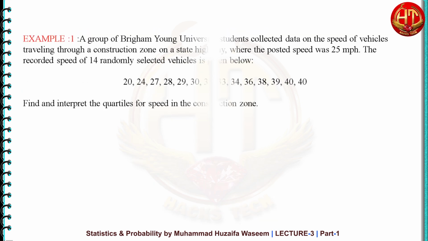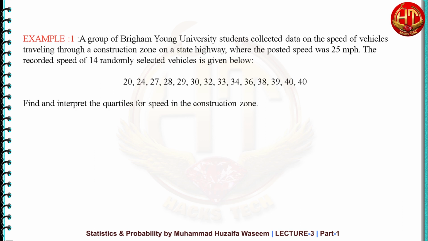Let's see an example. Example number 1. A group of Brigham Young University students collected data on the speed of vehicles traveling through a construction zone on a state highway, where the posted speed was 25 miles per hour. The recorded speed of 14 randomly selected vehicles is given below.